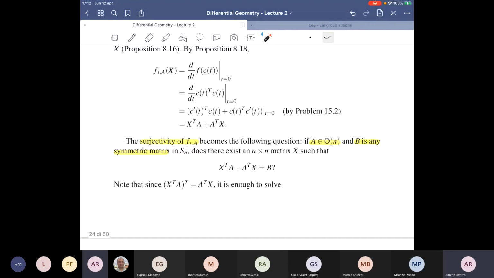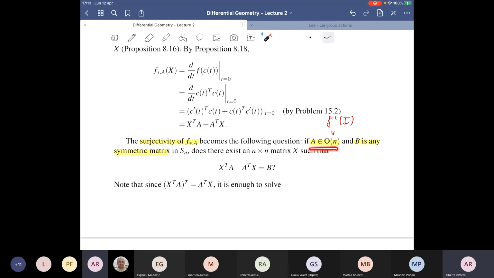Now we have to show that this map is surjective at every point A, so at every matrix A in the orthogonal group. This is the definition. This is what we have to check in order to show that the identity matrix is a regular value for the function f we are considering. Let's recall that this is the f minus 1 of the identity matrix.